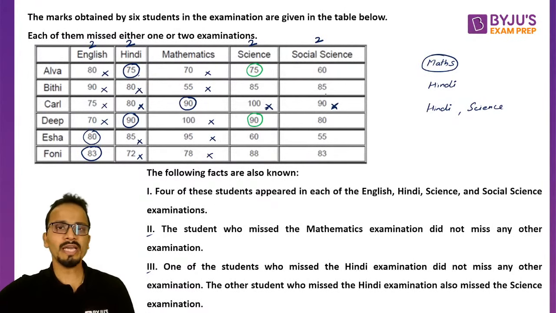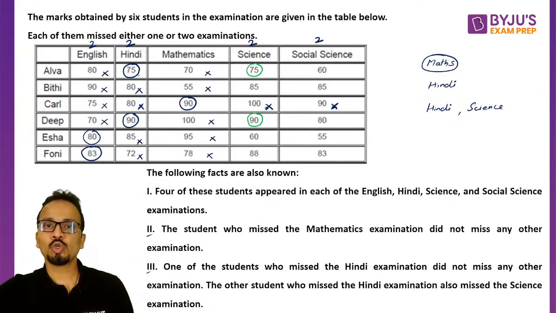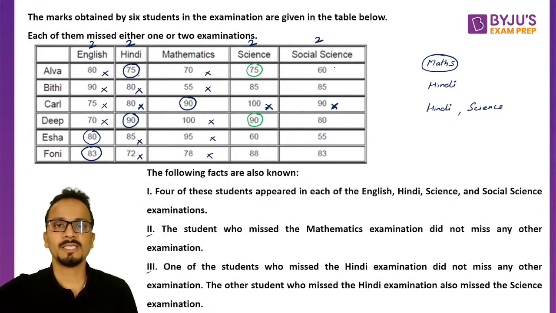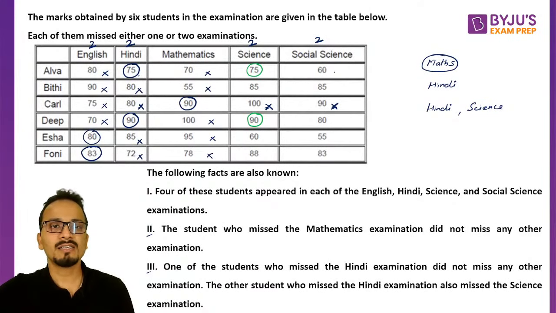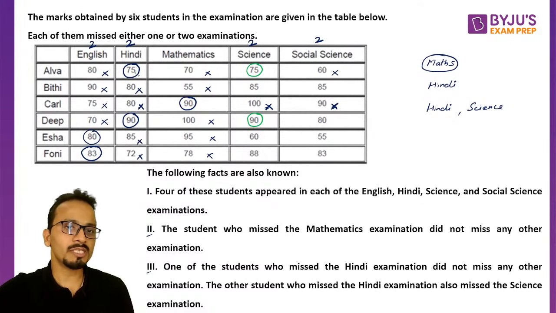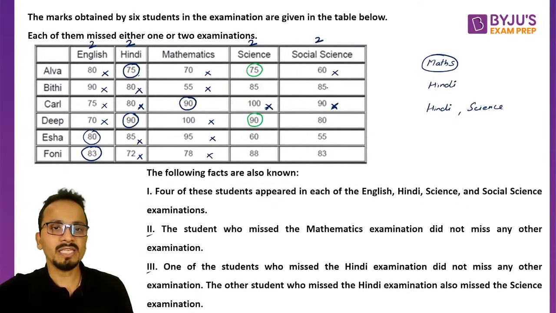Simple. Okay. Now let's talk about social science. Alva cannot miss social science because Alva has already missed Hindi. If he misses social science too, the marks should be equal. Okay, Bithi, can Bithi miss social science?